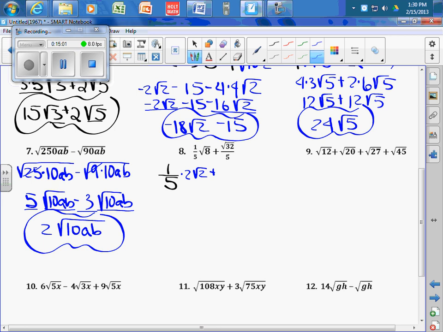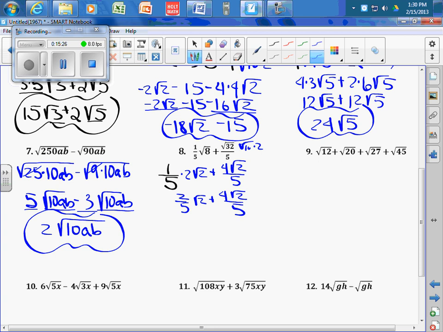Square root of 16 times 2? So 4 radical 2, right? Well, let's see now. Looking at this first term, I have 1/5 times 2. What would that be? 2/5 radical 2 plus 4 radical 2 over 5.